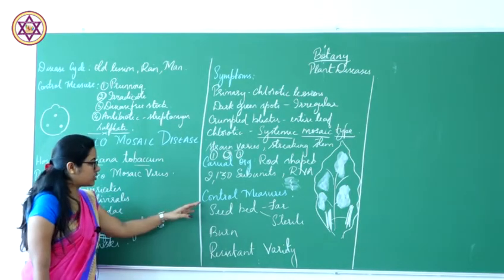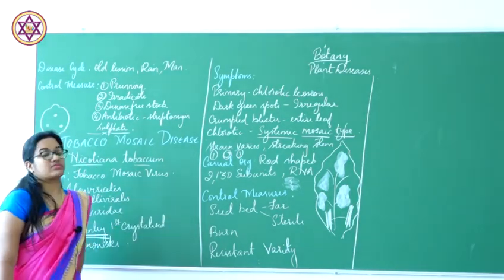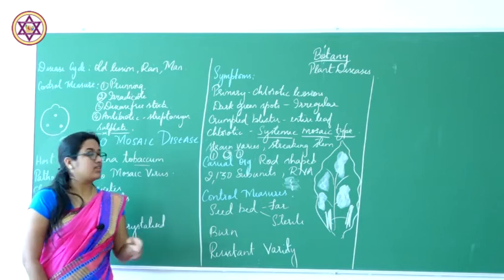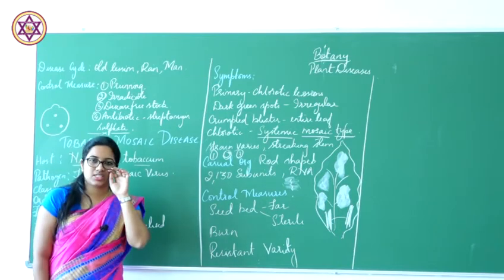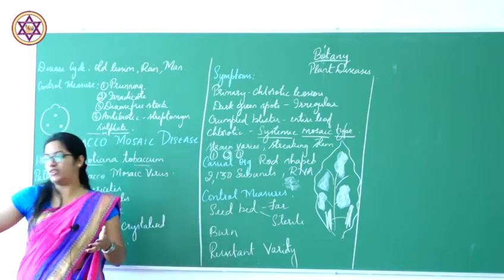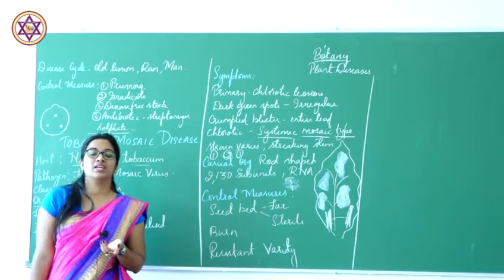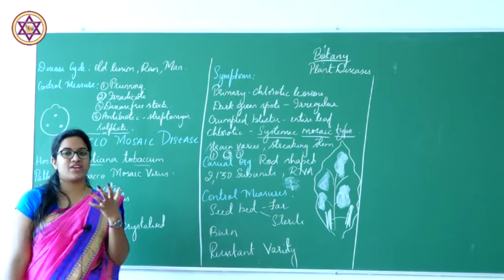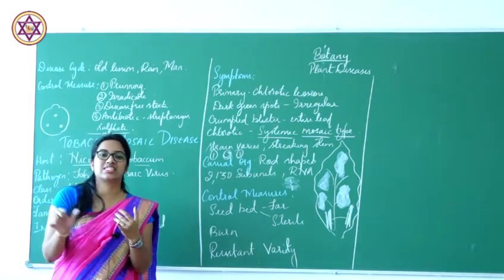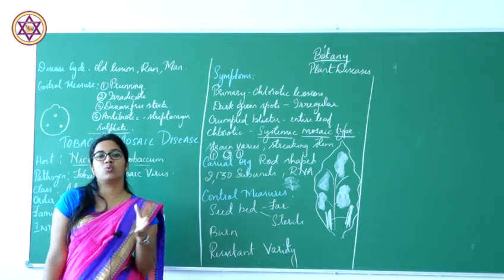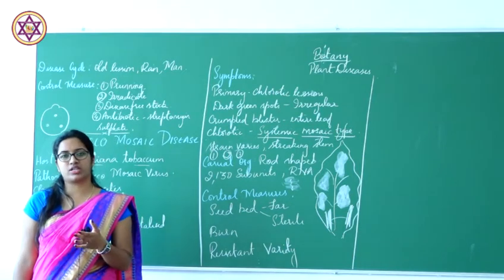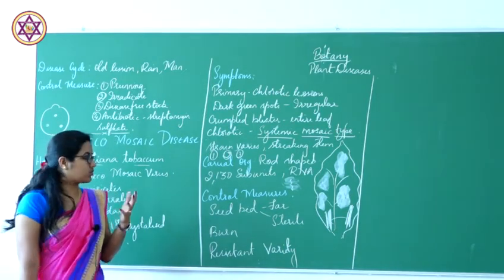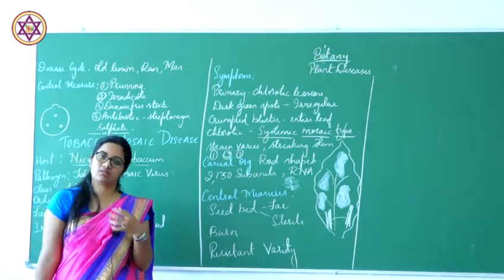Now, moving to the control measures. It is said that this particular virus is being transferred, or the primary inoculum is the debris or the warehouses wherein they are discarding the tobacco which is utilized to make cigarettes and other tobacco based products.